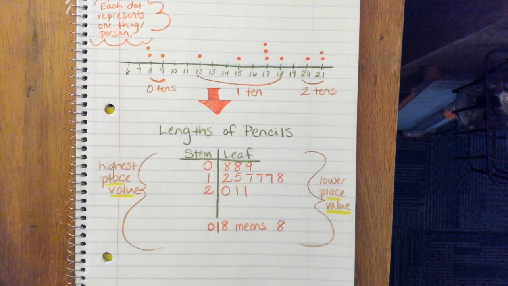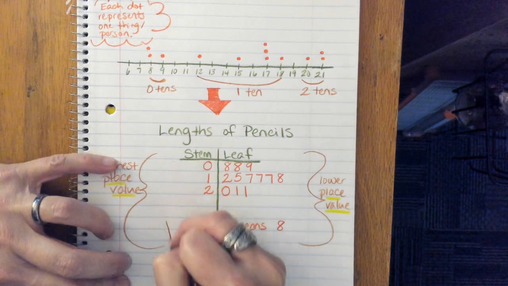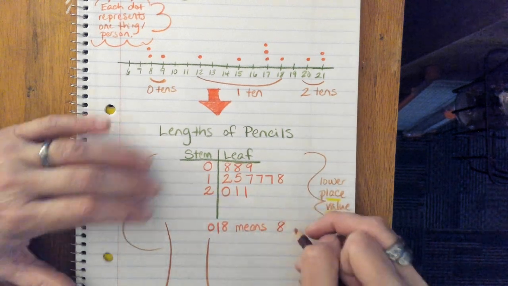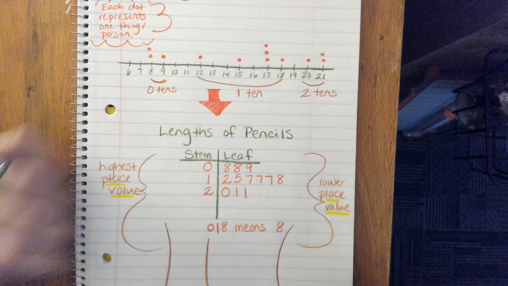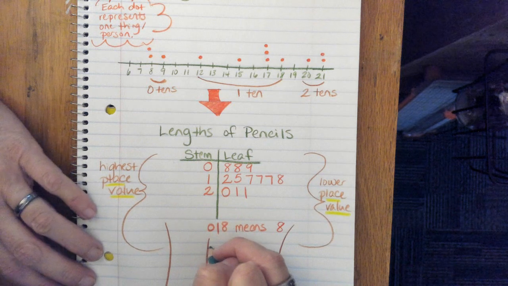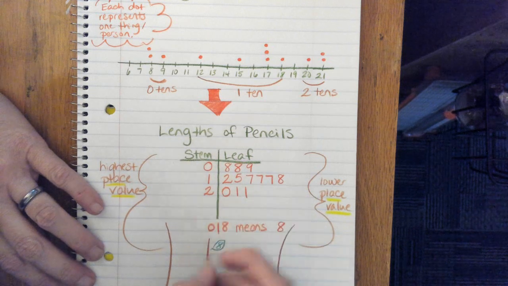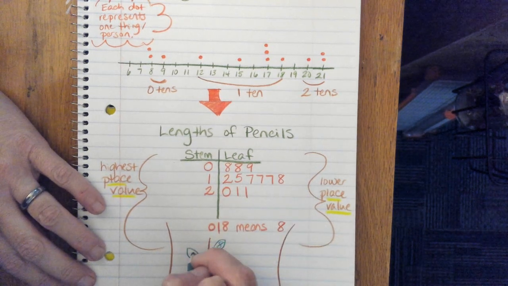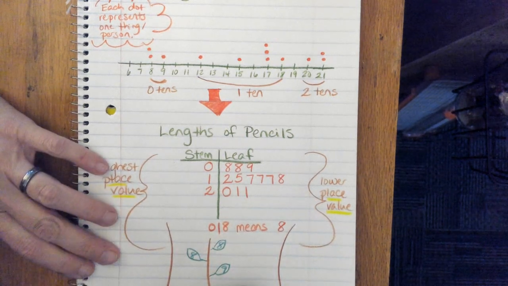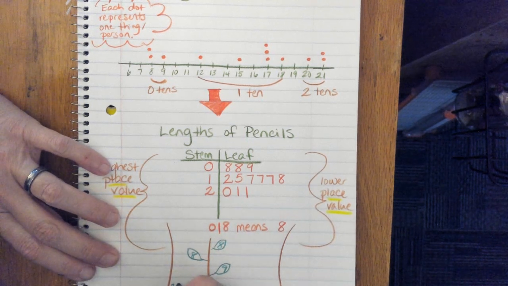So the way to think of a stem and leaf, I have 3 stems here, so I'm actually going to draw them. I have 8 and 9. Okay, so that's my 0 stem. I did these in the wrong order. Sorry.